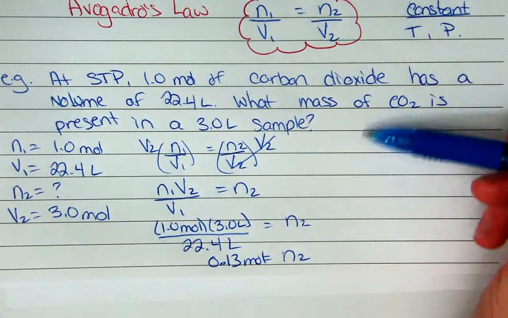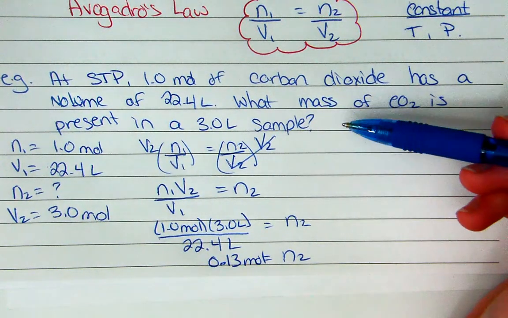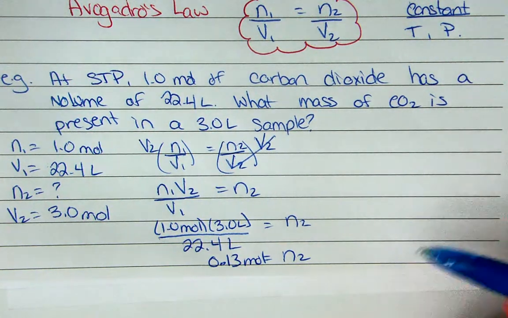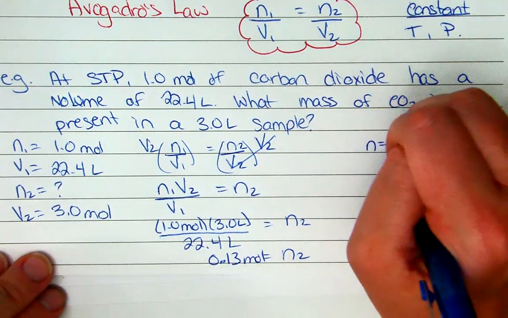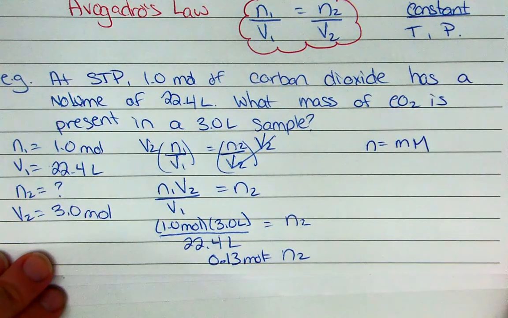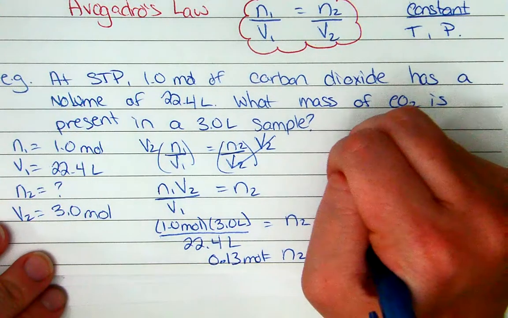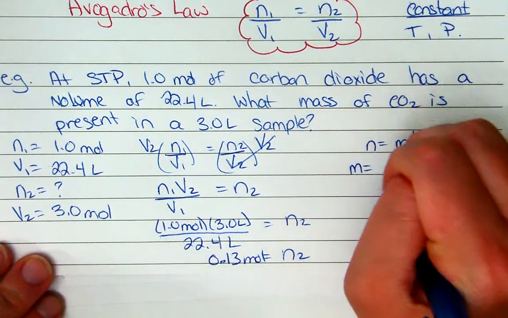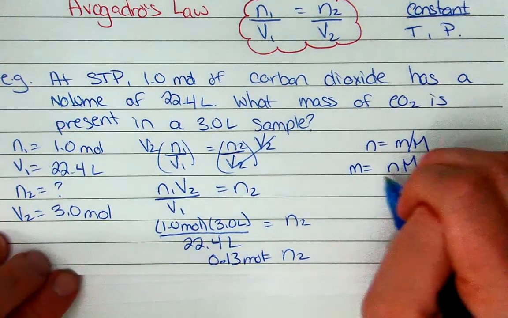That doesn't finish the question because we're asked for the mass. If only we knew a way to convert moles into mass. Hey, we do. Right? So mass is equal to the number of moles times the molar mass.